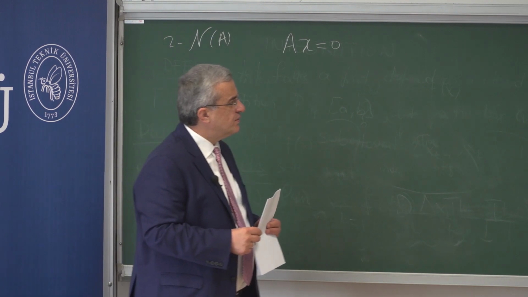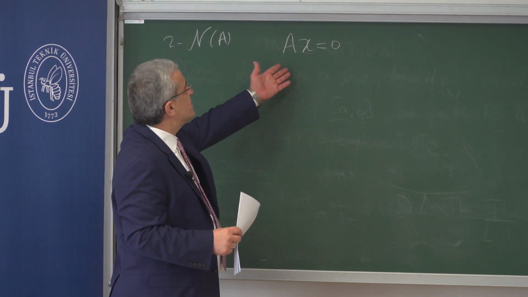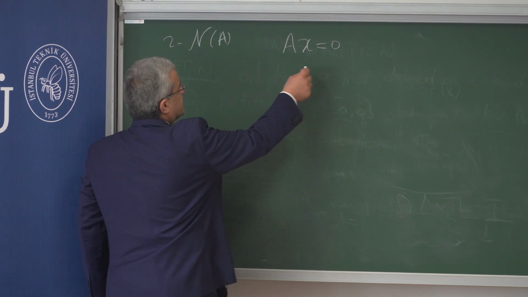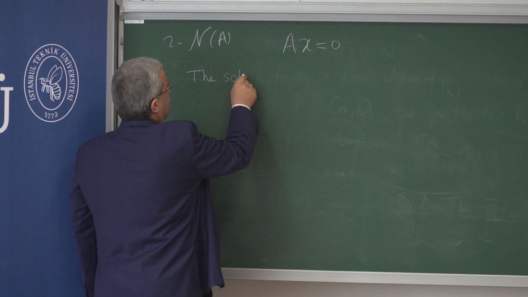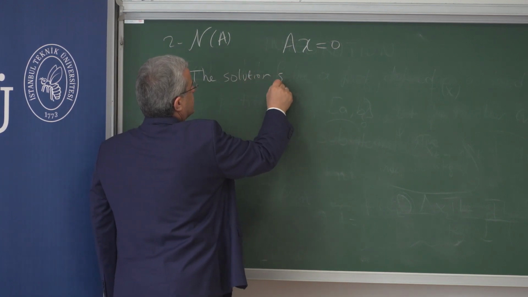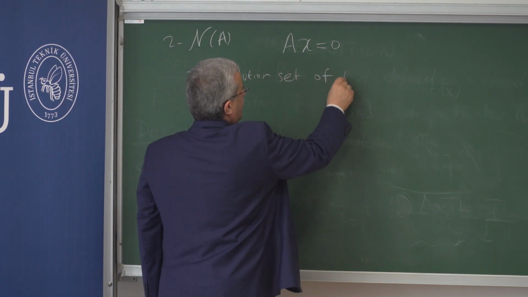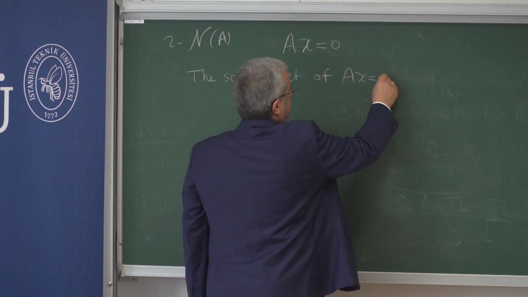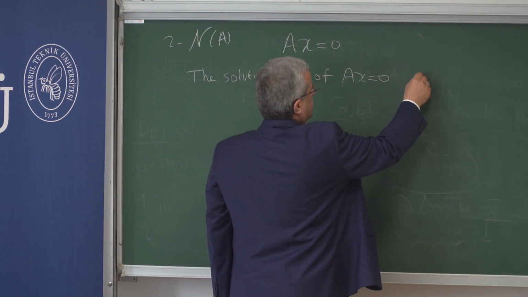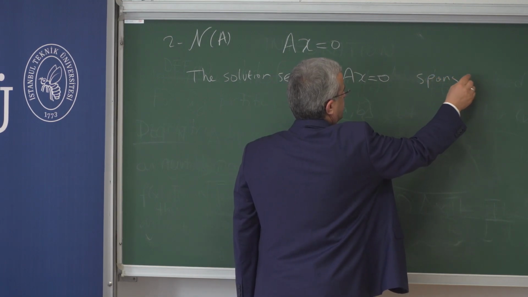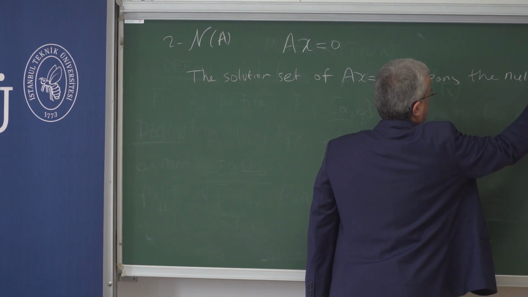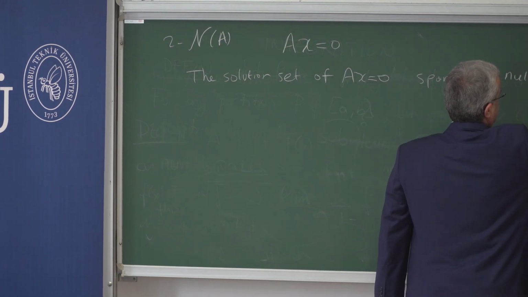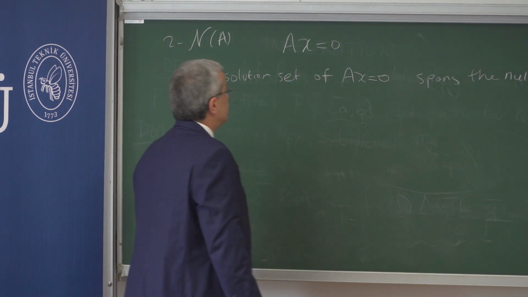So how do you find it? Say that X is the solution set of AX equal to 0; it spans the null space of A. Okay?